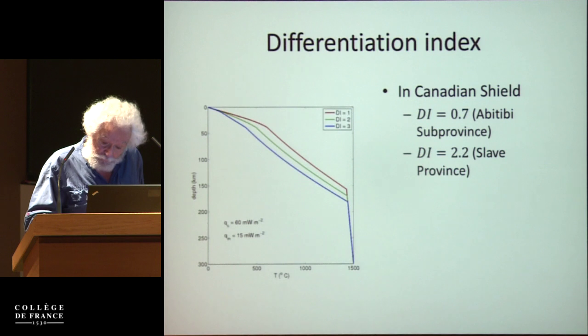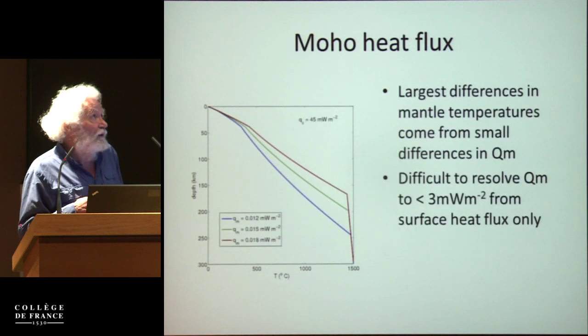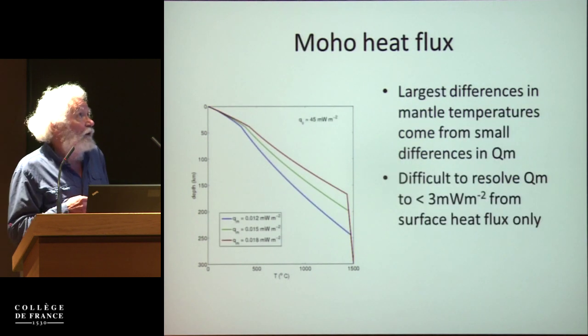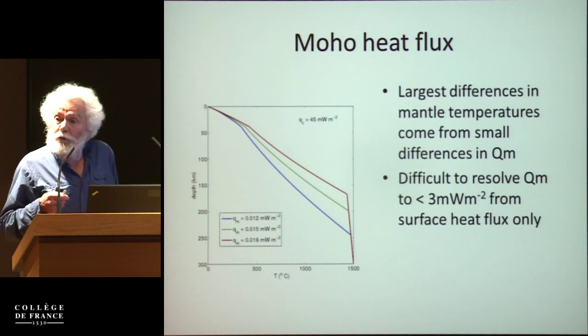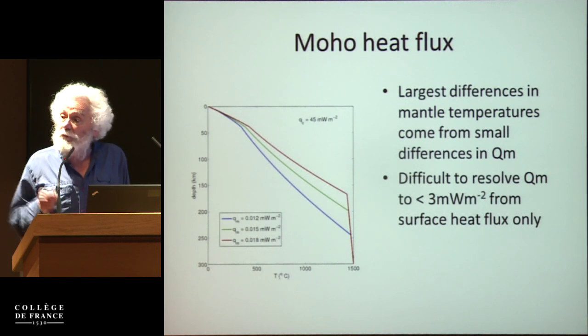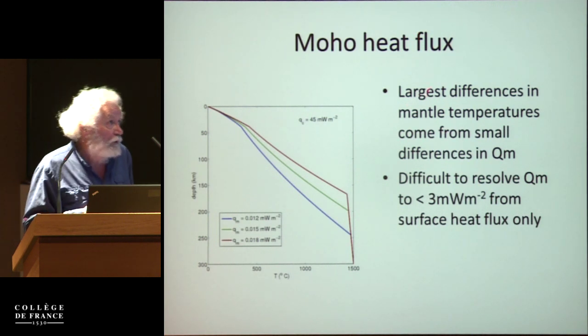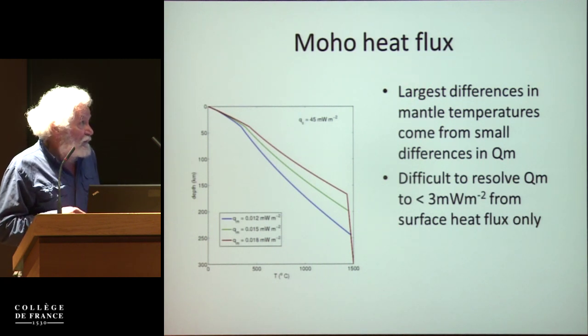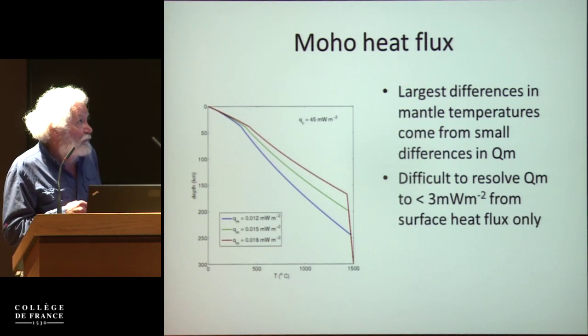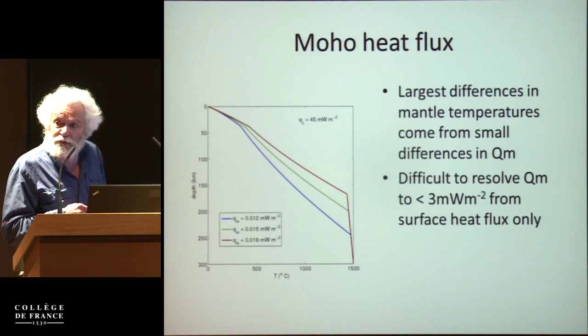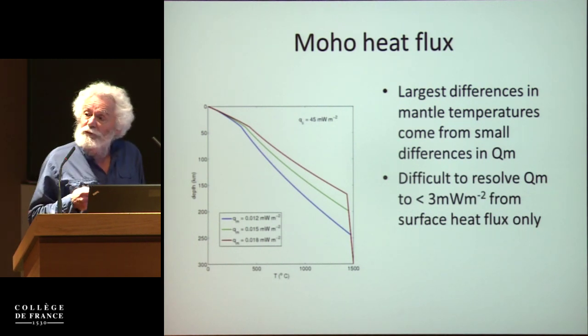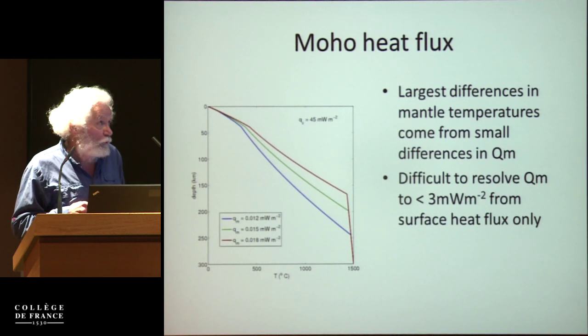But the third thing that we can vary is the mantle heat flux. In other words, that amounts to varying also the total crustal heat production. Here we see three geotherms with the same surface heat flux, 45 milliwatts per square meter, which is an average heat flux for the shield.